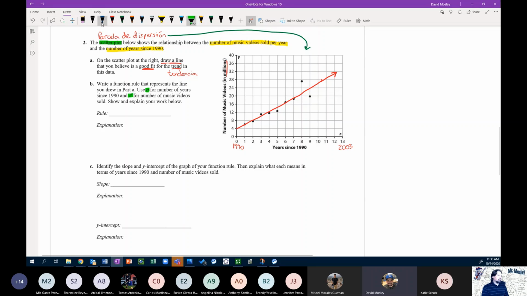So one of those, I start here, right? I started my graph here. So we have the y-intercept at 0, 4.